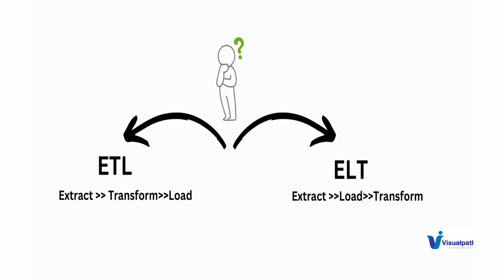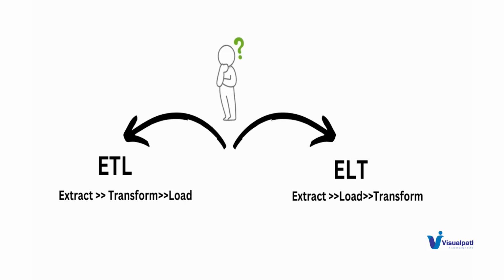But the data which we are getting is not actually what a data analyst, data scientist or BI developer needs to show in a report or dashboard or do the analysis on. It's in the form of different tables, and they need a combination of all tables by joining different tables and applying some specific logic on the data. Then it becomes useful. So to do that, we need transformation.